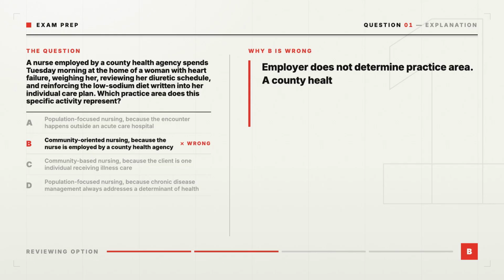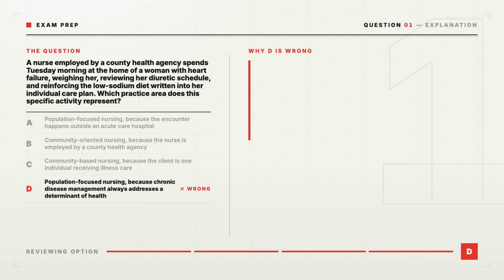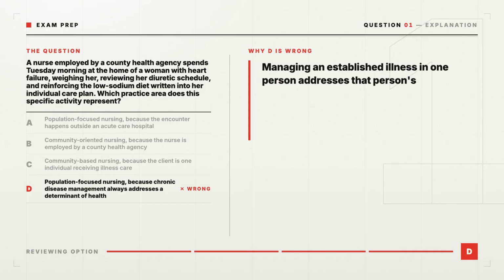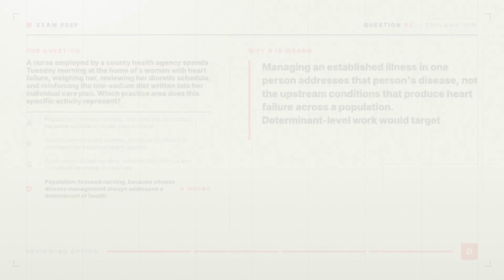A county health agency nurse can practice all three modes in a single week, and this particular activity has an individual as its client. D is wrong because managing an established illness in one person addresses that person's disease, not the upstream conditions that produce heart failure across a population. Determinant level work would target income, housing, food access, or care access for a whole group.